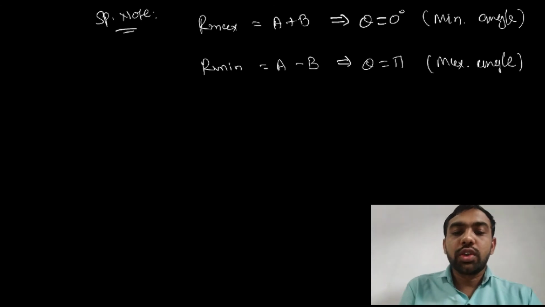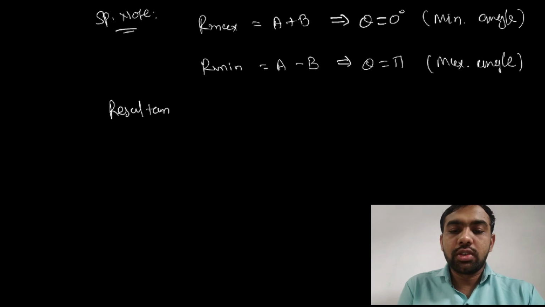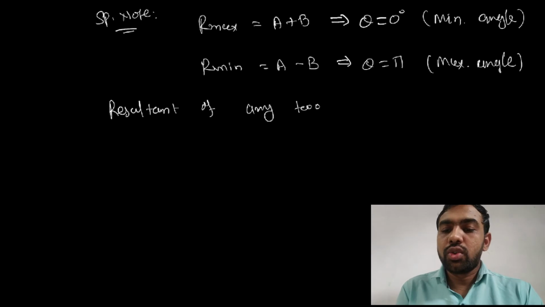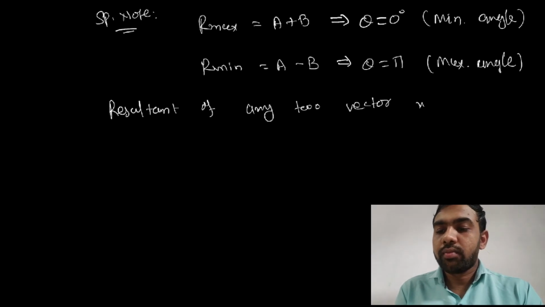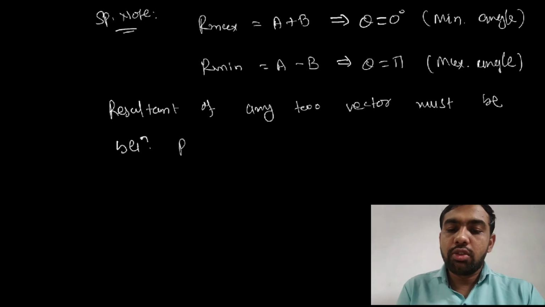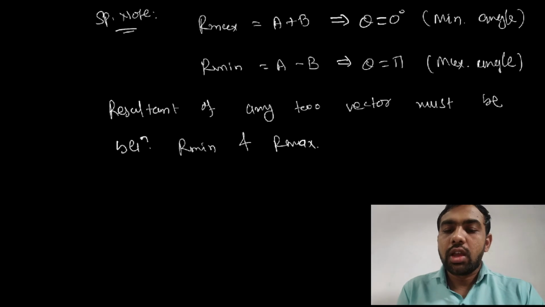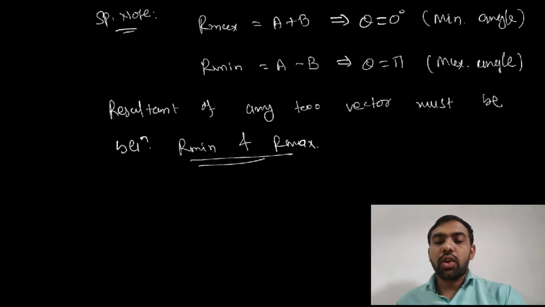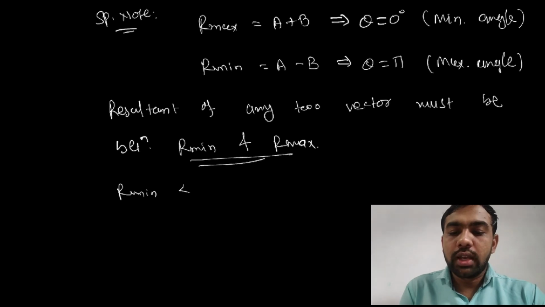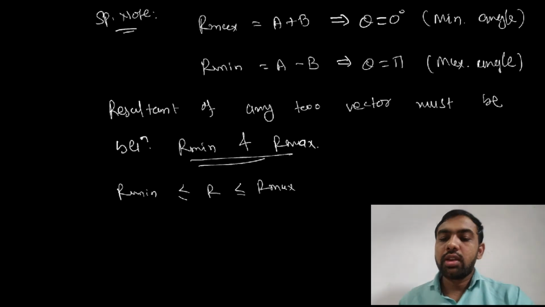The resultant of any two vectors must be between R minimum and R maximum. It means R minimum is less than or equal to R, which is less than or equal to R maximum.